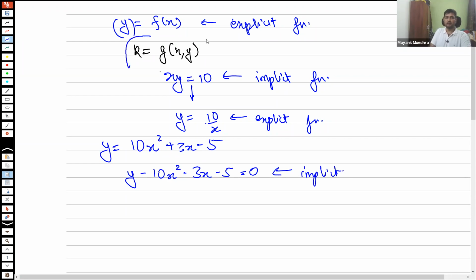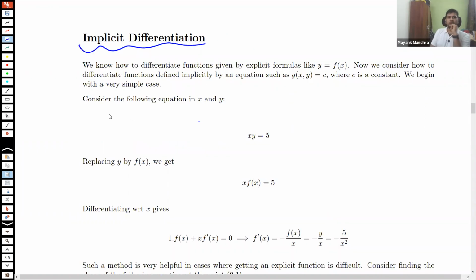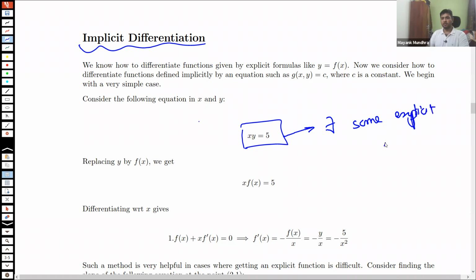So the general form of an implicit function is k equals g of x comma y. Consider this particular function, xy equals 5. I know that some explicit form y equals f of x exists for this implicit function. I'm not interested in finding that explicit form.